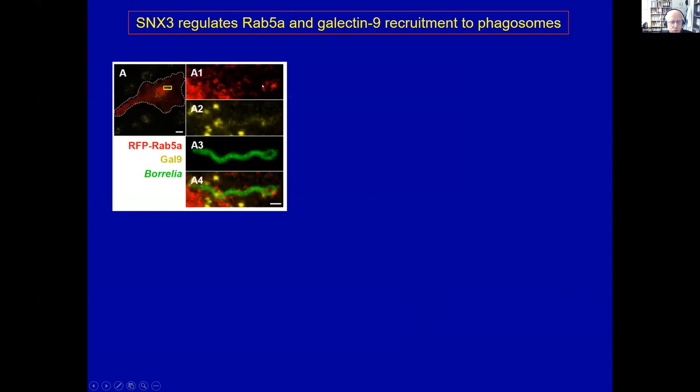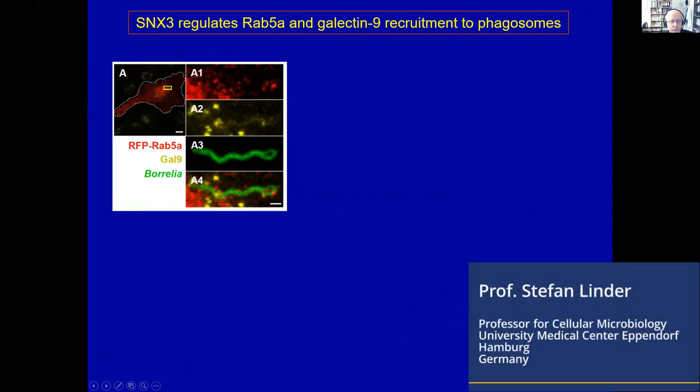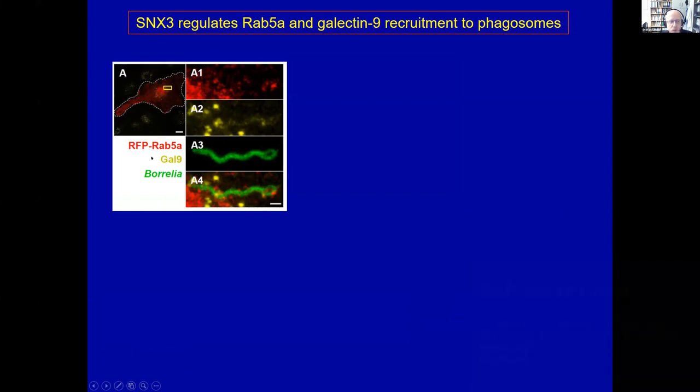What I want to show you as a last line of research in this part is, is it then really true that SNCS3 is regulating RAB5A and galectin-9 recruitment to phagosomes? And you have here the galectin-9 again in these vesicles in yellow, the Borrelia in green, and the RAB5A here at these vesicles in red.